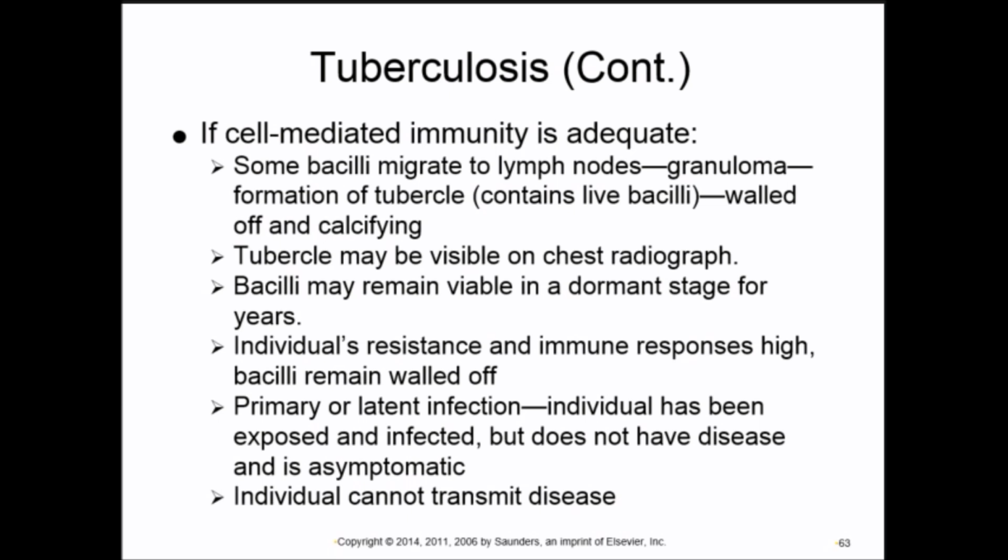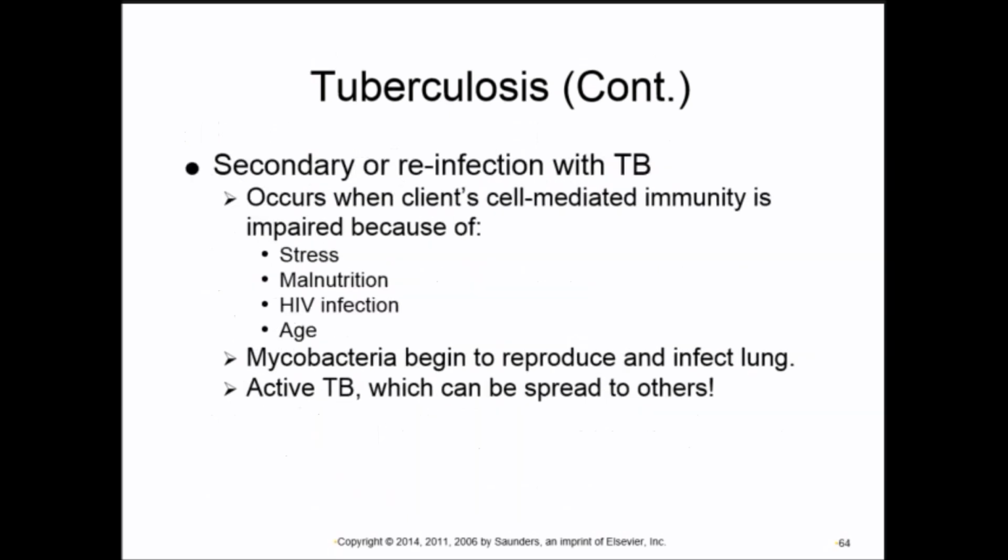If the individual's resistance is high, it will stay like this, and this person cannot transmit the disease, by the way. So if this is a primary infection, the macrophage takes it to the lymph nodes, puts up a wall and calcium, and it stays there alive, but it's not infectious. The active one is the infectious one.